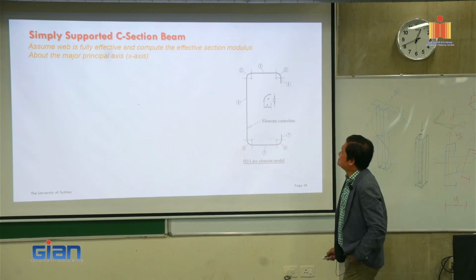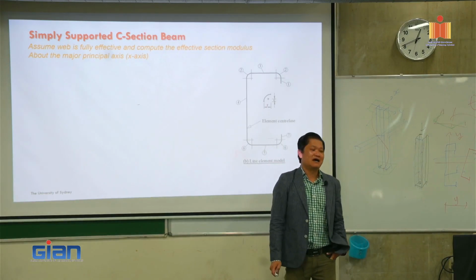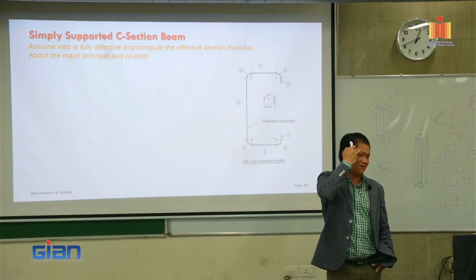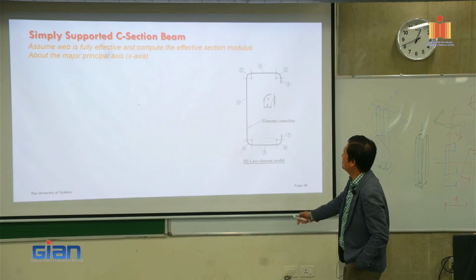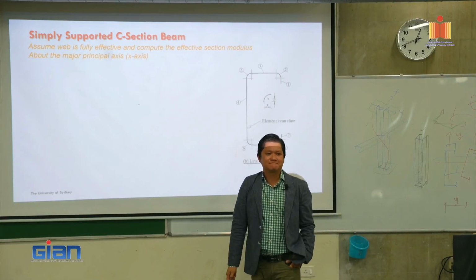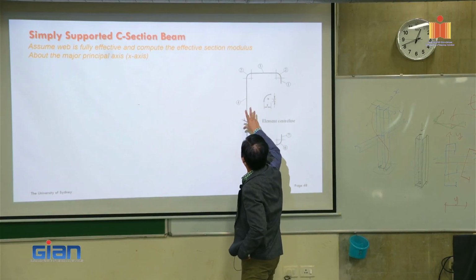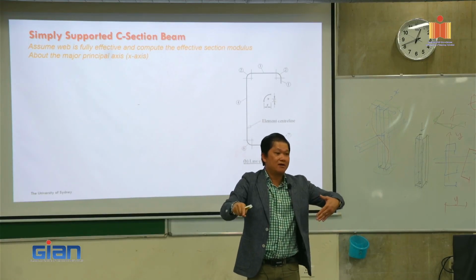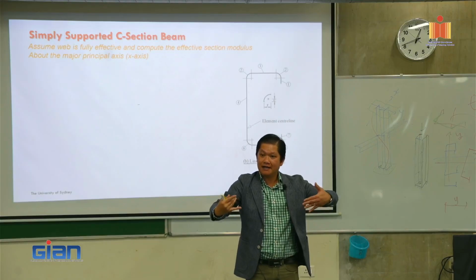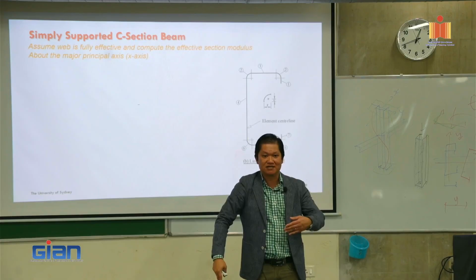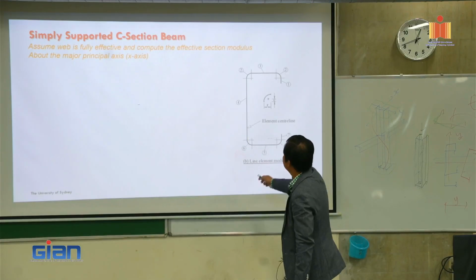Now, the problem with the bending is with the web. We don't know exactly where to calculate. So firstly, we have to assume that the web is fully effective, right? So it means that if we split that one out, the neutral axis will be right in the middle, okay? And then we get the top and bottom stress distribution equally.